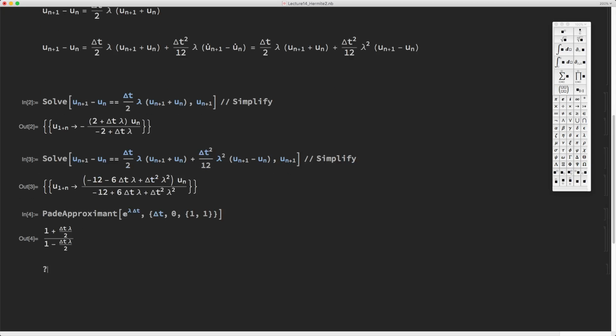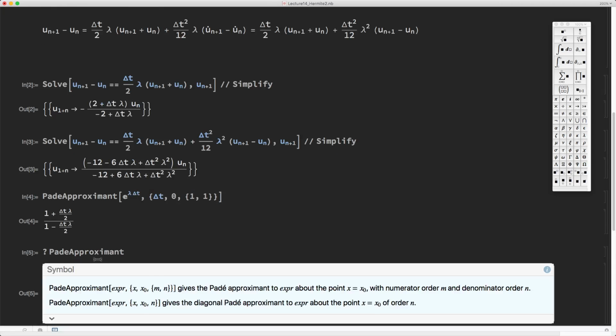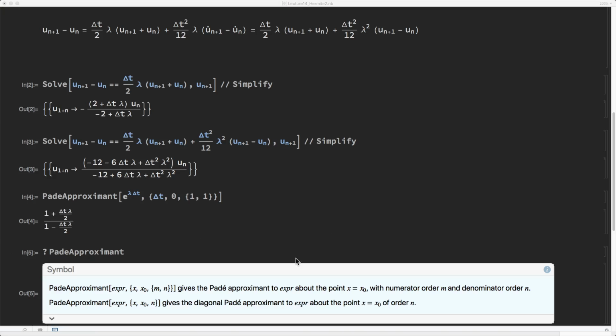If you don't know what this means, you can look at the documentation. Padé approximation is a rational approximation which expands your function to a fraction of two polynomials, one polynomial in the numerator and one polynomial in the denominator.